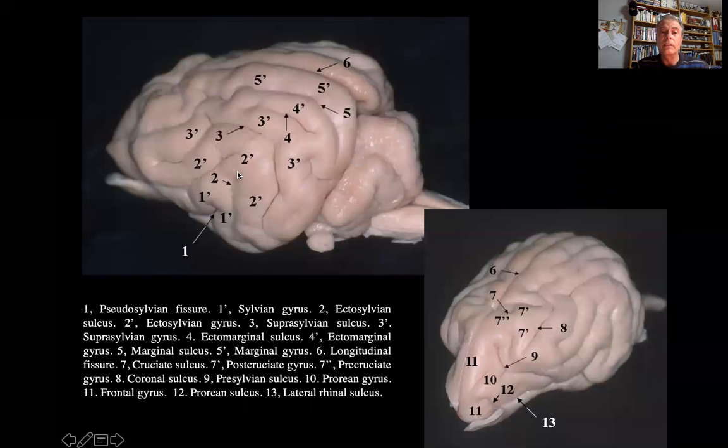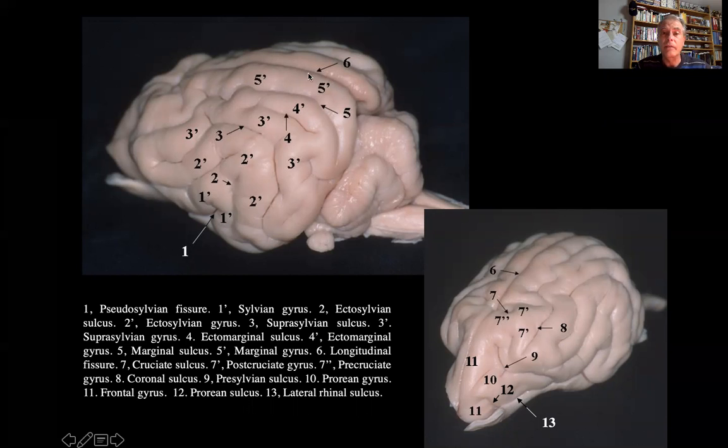So on the neocortex, we have, as I have said previously, gyri and sulci, and they receive specific names. In dogs, this one here is the pseudosylvian fissure, and the gyrus on top is the sylvian gyrus. Then we have the ectosylvian sulcus, and the gyrus is the ectosylvian gyrus. It's quite easy. On top of that, we have the suprasylvian sulcus and the suprasylvian gyrus.